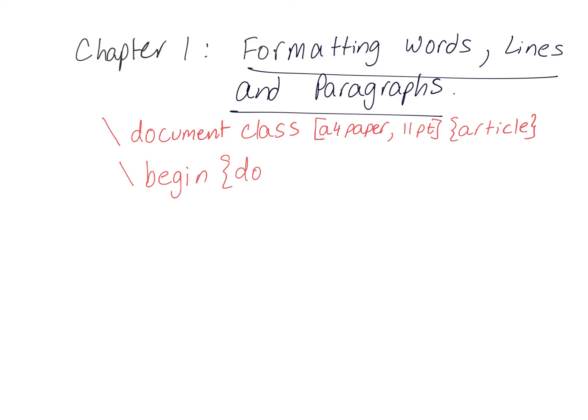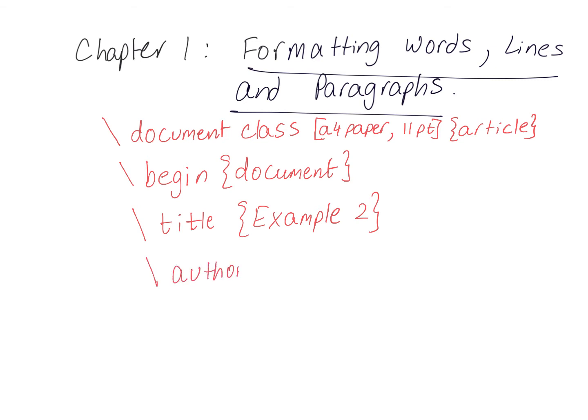And then in the previous case, we had begin. What are we beginning? The document. And a begin will always end with the end of whatever you're beginning, right? So within begin, we'll put title. What do you want to call your document? Whatever name you want to give it. Let's say example 2. And then let's put an author, again backslash author.